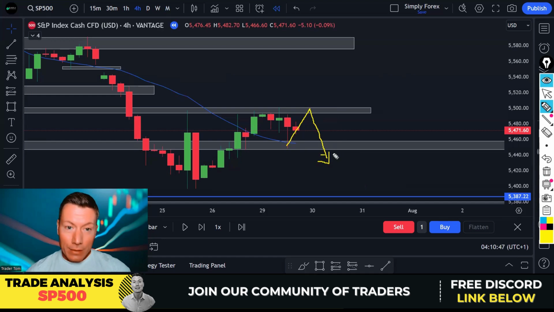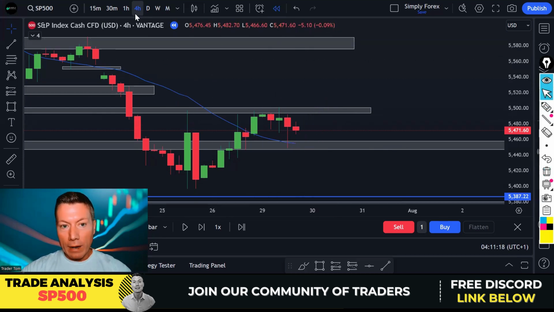And at that point, buyers have given up. Buyers are like, right, structure's broken, sellers are coming in, let's get out. So I would suggest there's a higher probability of taking the structure break and trading this than trading up here. But the pro from trading up here is that you're getting in at a much, much better price.